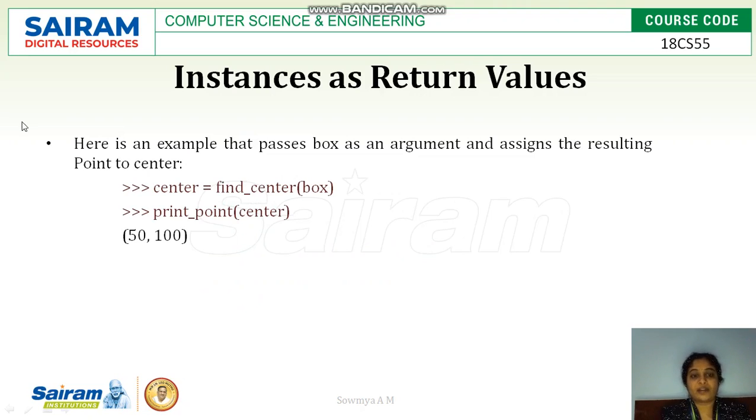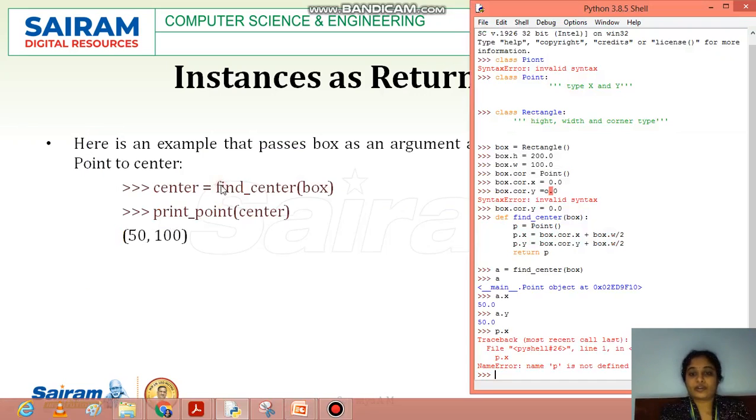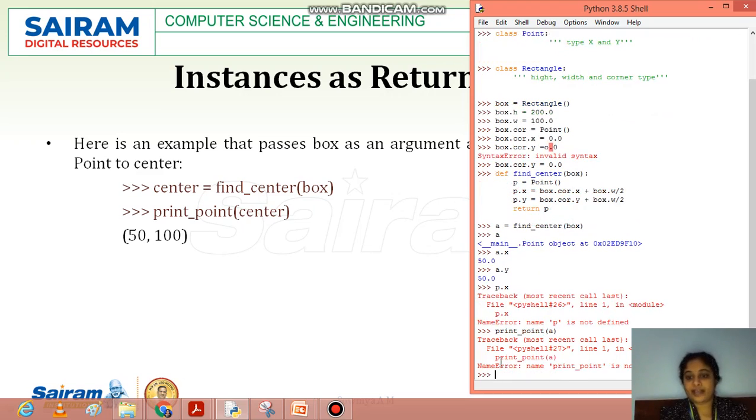Instead of writing a.x and a.y, we can make use of print_point(a), which will print the values of x and y.